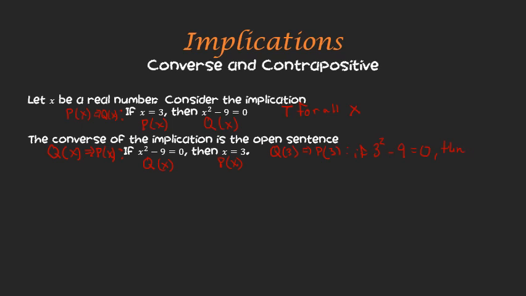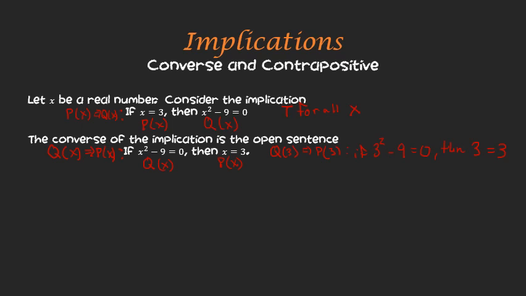We're plugging in 3 for x. So the hypothesis is satisfied, 3 squared minus 9 does equal 0, and the conclusion is satisfied, 3 does equal 3. But let's take a look at another example.